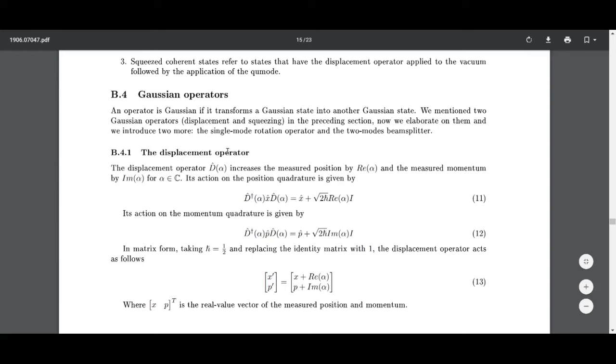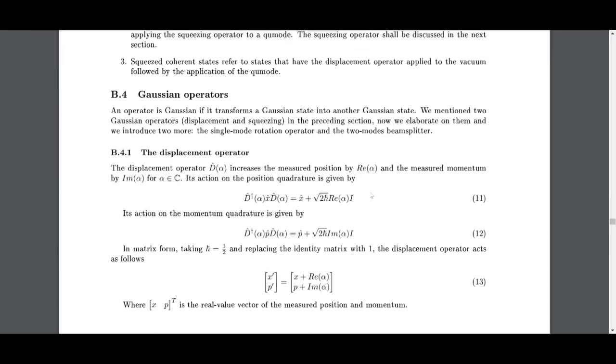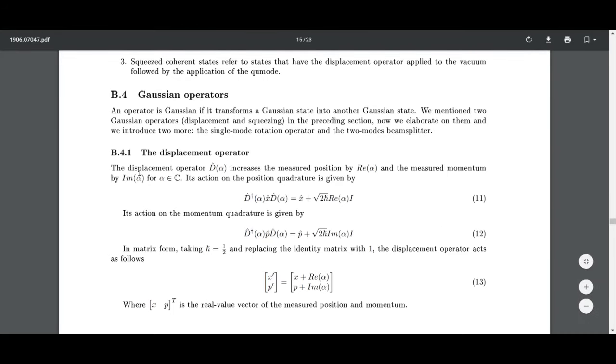Okay. The displacement operator increases the measured position by. Okay, so it displaces literally the position of the photon, and the measured momentum. So it touches both the position and the momentum, using a complex number.